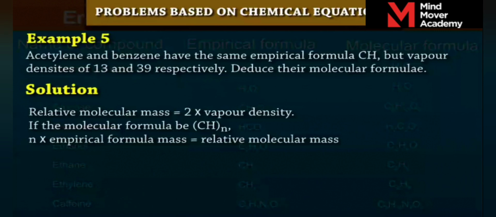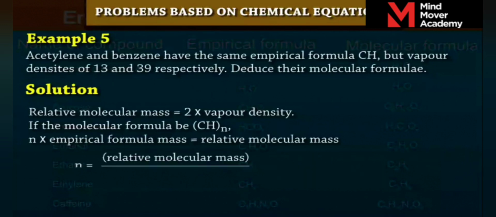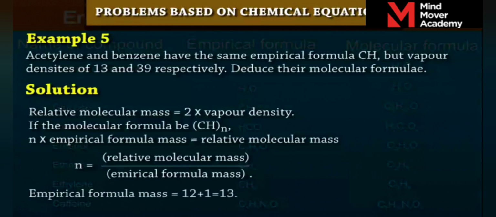Relative molecular mass is equal to twice the vapor density. If the molecular formula be N times CH, N times empirical formula mass is equal to relative molecular mass. This implies N is equal to relative molecular mass divided by empirical formula mass, and empirical formula mass is equal to 12 plus 1, equal to 13.